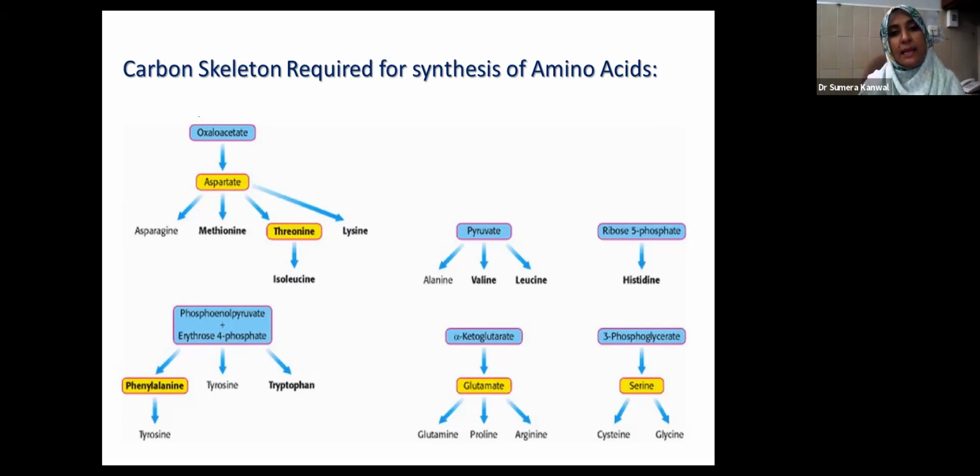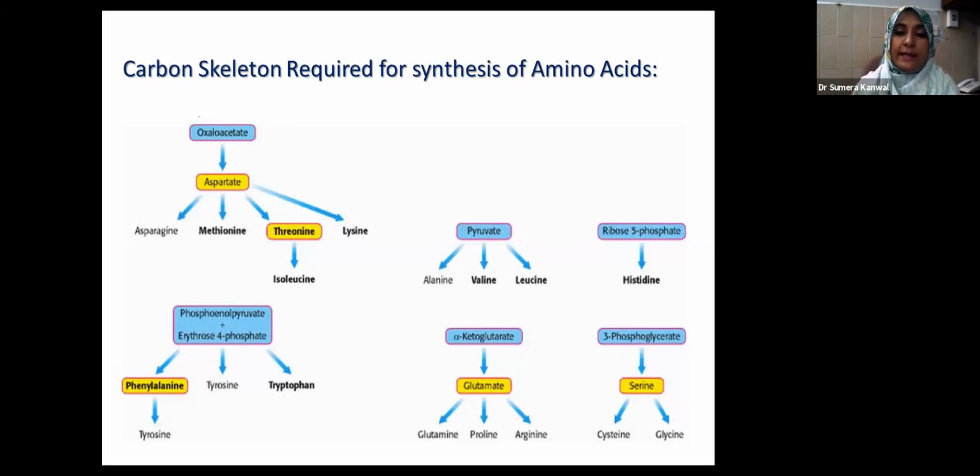And this phenylalanine in humans can form tyrosine. So tyrosine is synthesized from phenylalanine in humans, but tyrosine can directly be synthesized in other organisms when phosphoenol pyruvate combines with erythrose 4-phosphate. Erythrose 4-phosphate is a 4-carbon sugar.